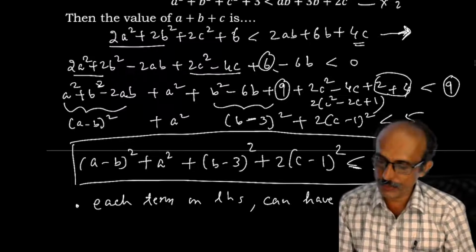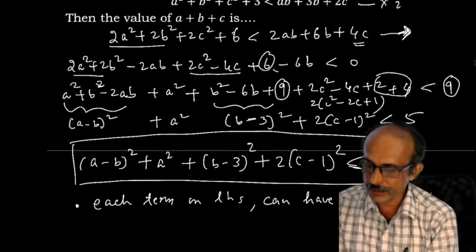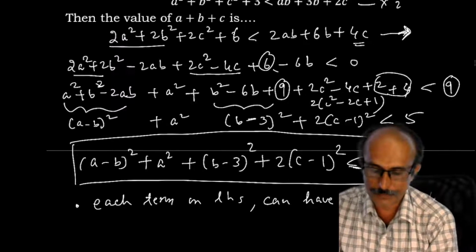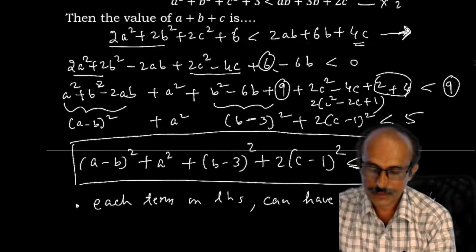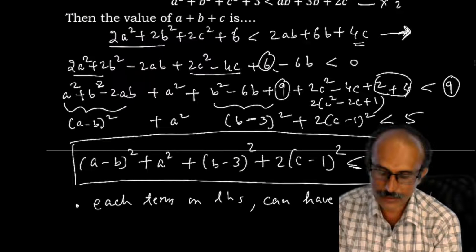So let us see now that not all the terms can be non-zero. If all are non-zero, it's not possible. Suppose it is all non-zero, like 1, 1, 1, 1. It's not possible, right? 1 plus 1 plus 1 plus 2 into 1.